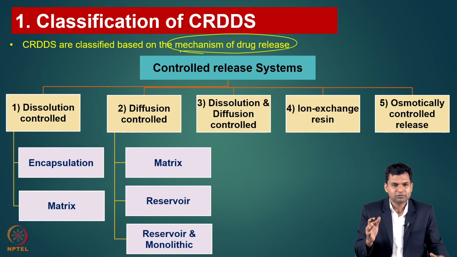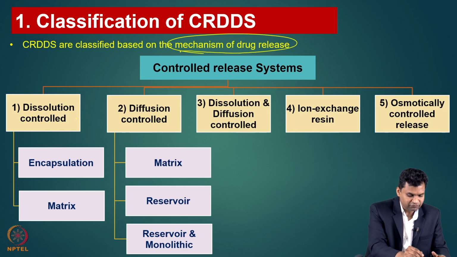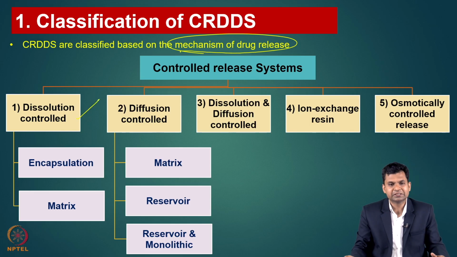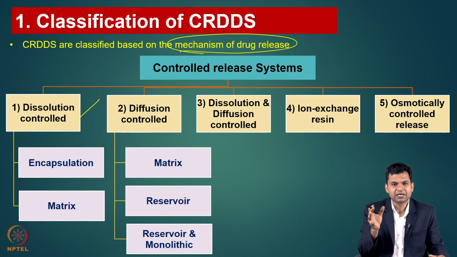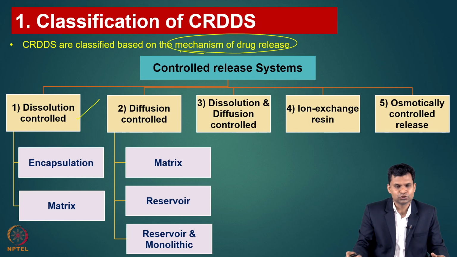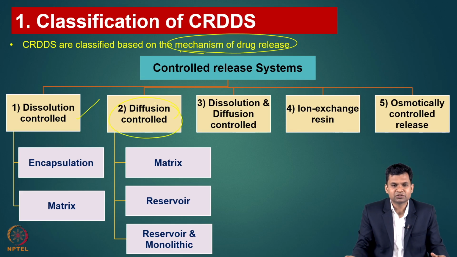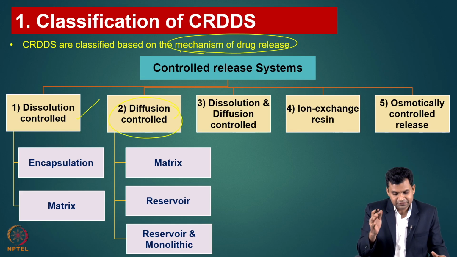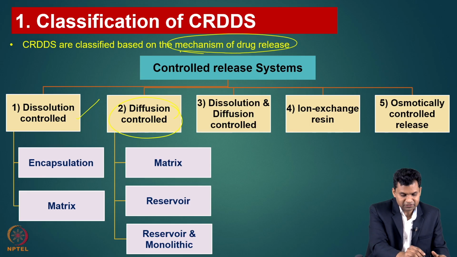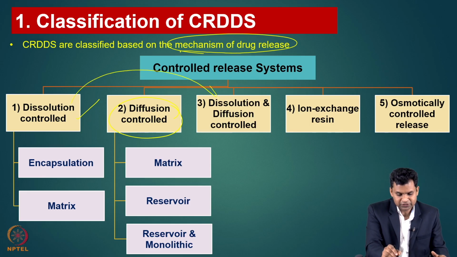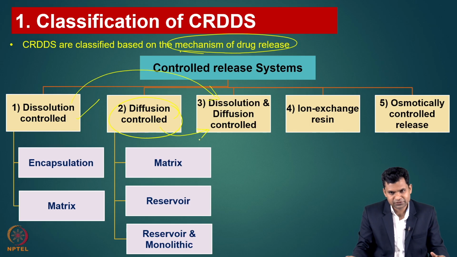Here we can see the first one is the dissolution control system. The main mechanism of release of such systems is dissolution. In the second case, we will see the diffusion control systems, and the third one is the combination of these two, the dissolution and diffusion control systems.